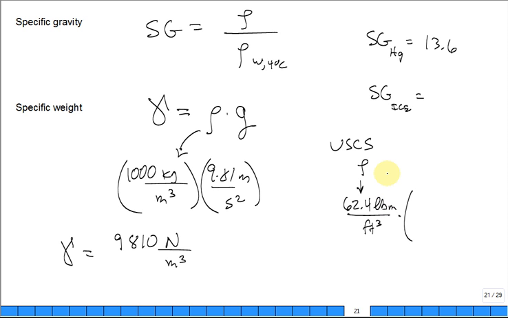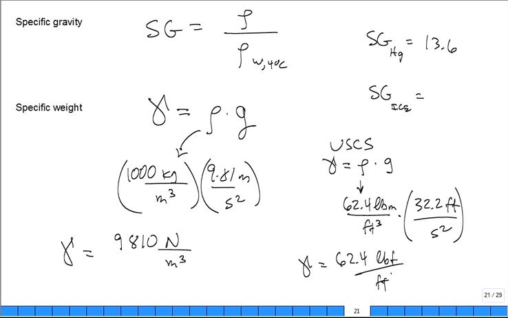And our g, because I'm calculating gamma, the specific weight for liquid water in U.S. customary system units, 32.2 foot per second squared. True? So what is gamma when I do that multiplication? 62.4 pound force per foot cube.